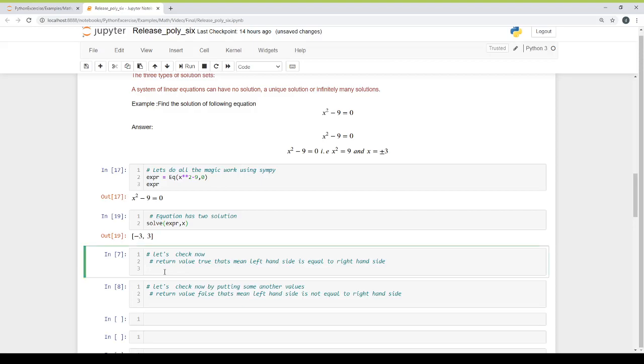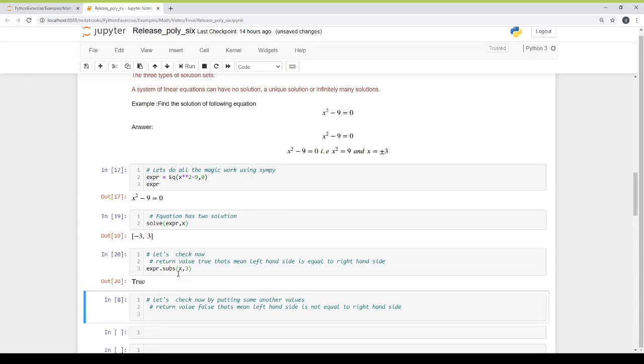Let's check now whether these values, minus 3 and 3, are right or wrong. To do that, we put the value of x into the equation by calling the substitute method. Substitute x value 3, shift enter, true. That means it is a true value. Let's check by putting another value.